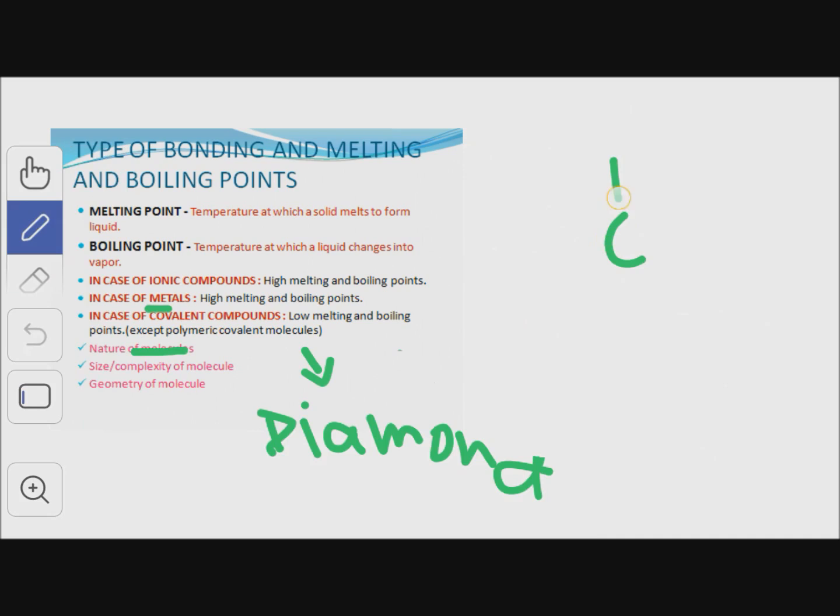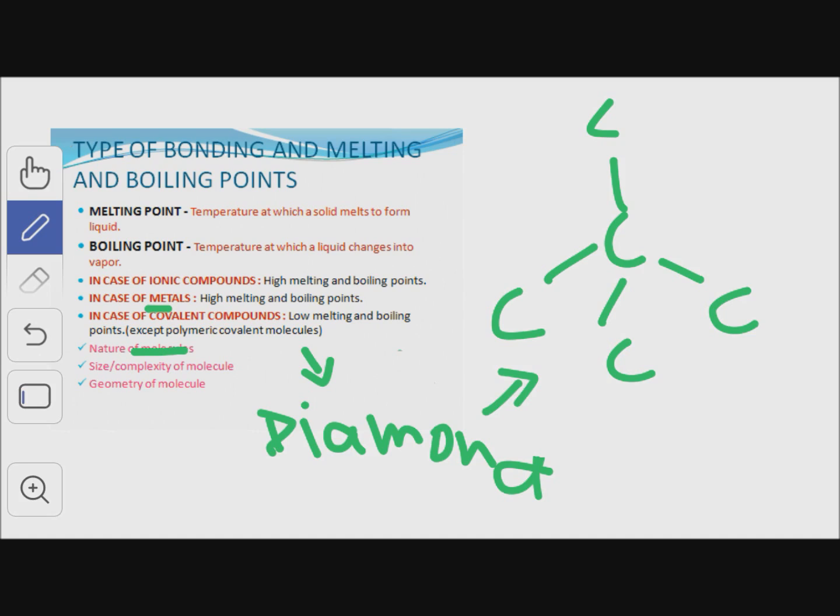In this way, carbon is tetrahedrally arranged in diamond, which forms a hard substance, that is diamond, and it has the highest melting and boiling point.